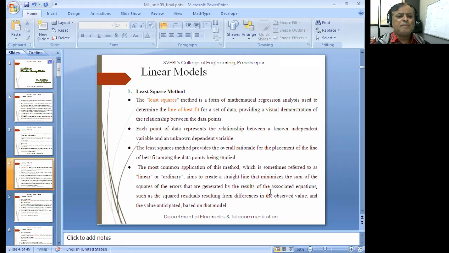The most common application of this method, which is sometimes referred to as linear or ordinary, aims to create a straight line that minimizes the sum of the square of errors that are generated by the results of the associated equations.